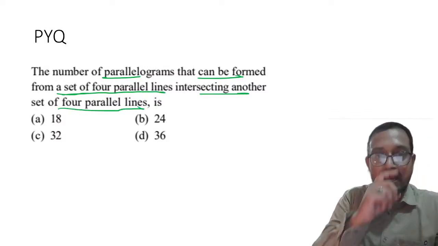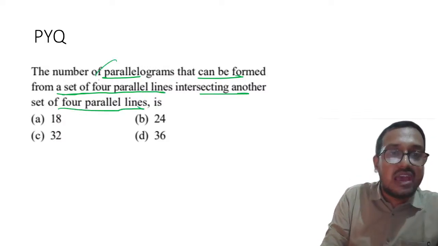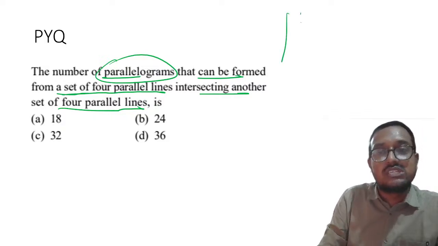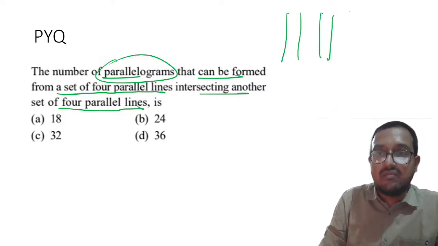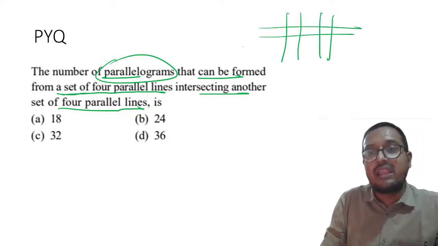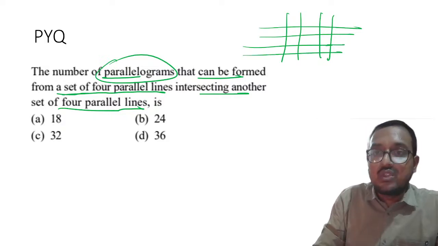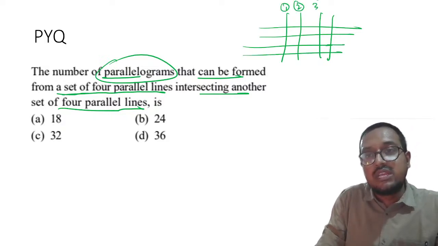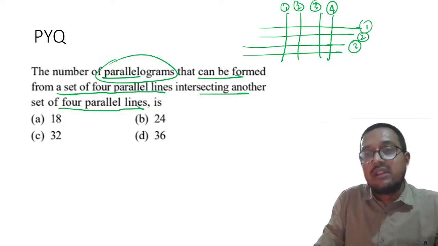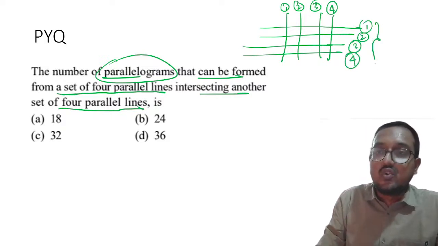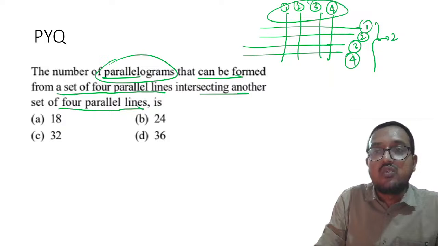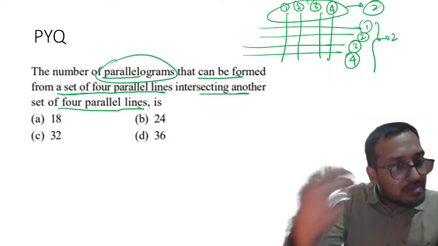See, my dear students, we are concerned about parallelograms. So suppose these are 4 lines which are in the vertical direction and then 4 parallel lines which are in this direction. Now you know that this is 1, 2, 3, 4 and this is another 1, 2, 3, 4, right? In a parallelogram you need 2 from these and you need 2 from these. And will order matter?